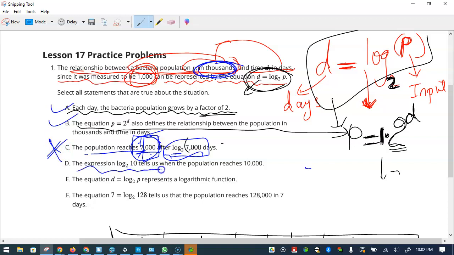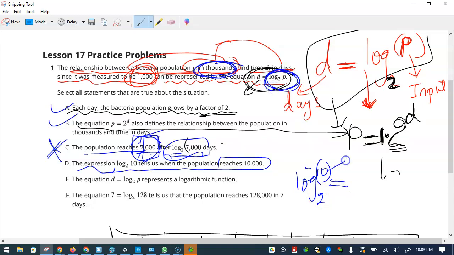Then this expression log tells us that when the population reaches 10,000. So let's see whether this is correct. So log of 10 to the base 2. When you write this, basically, what does log mean? This 10 represents the population, right?